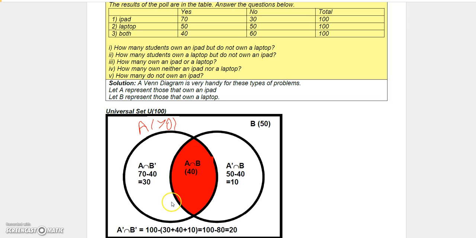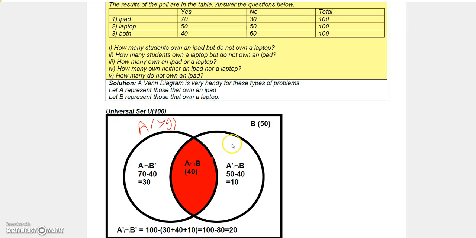Now, if you look out here in this white area, that would be those that own an iPad but don't own a laptop. And then over here on this side, this would be those that own a laptop but don't own an iPad.